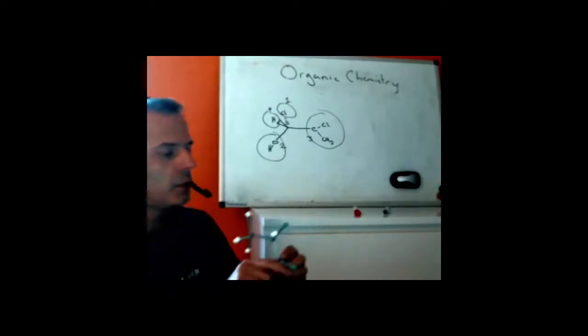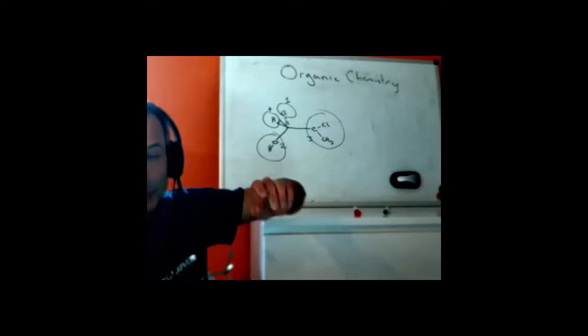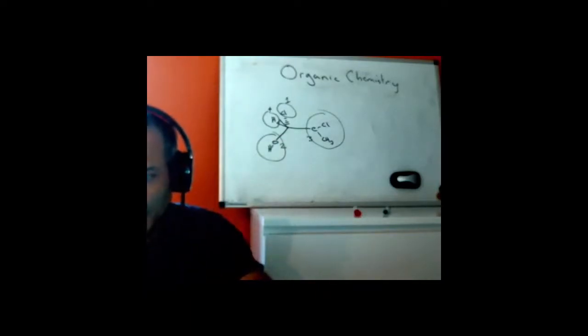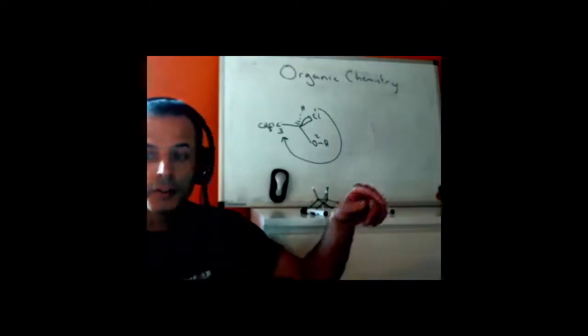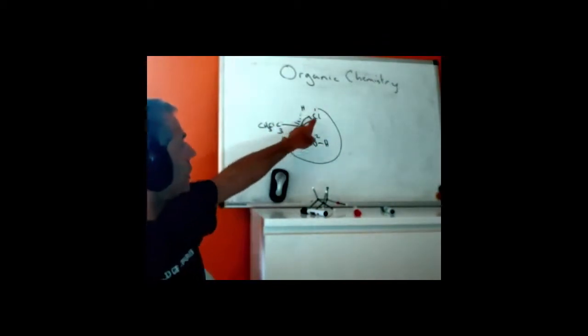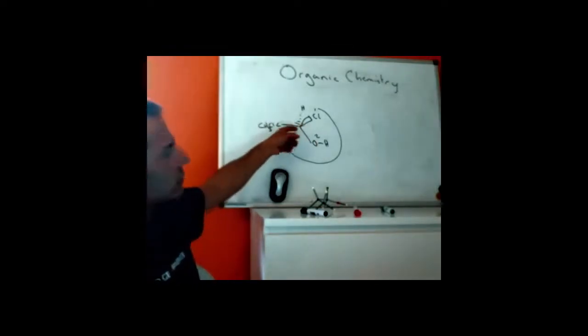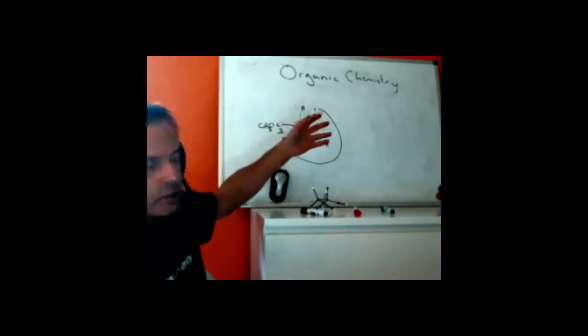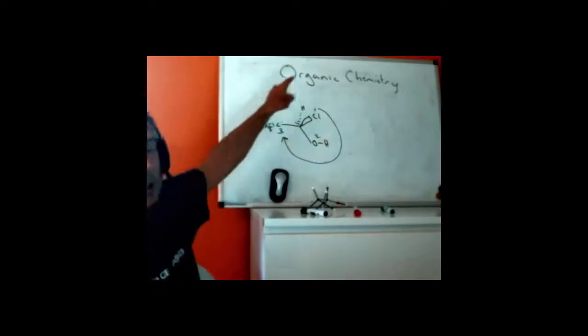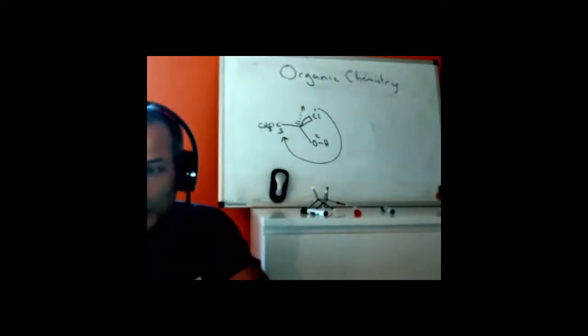Let me draw that. So let me rotate this drawing in exactly the same way. That will take me a little bit of time. So there we are. I've rotated the drawing in exactly the same way, and we've got our 3 substituents that are pointing towards us, forcing this one to point away from us, and that means that we've got a clockwise rotation, so we can define what our chiral geometry of that center is.